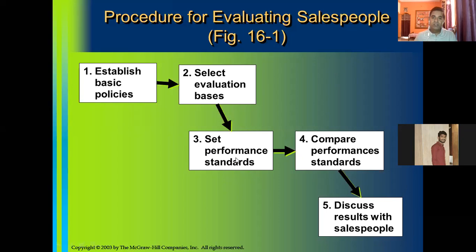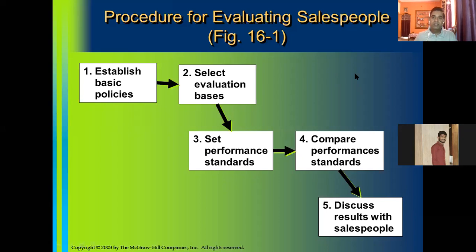Once the performance standards are set, compare them with the actual performances. In my previous example, the monthly sales quota or sales volume standard is 10 lakh rupees per month, and you can identify the sales performance of each sales rep.